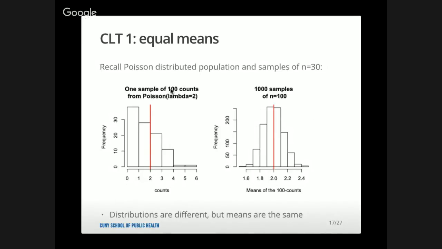If we took a sample of 1 million, it would be 2.000 something, but in the population, the mean is 2. For the means of the samples, as we saw, we have a different distribution of the means, but the mean is also 2.